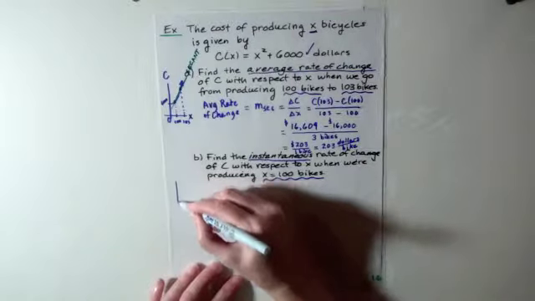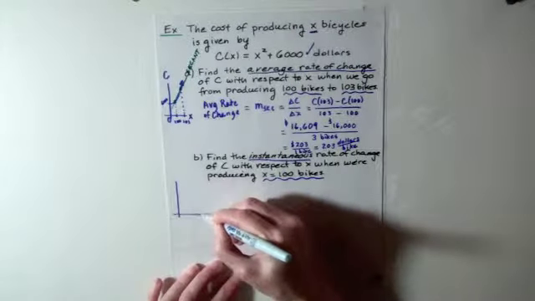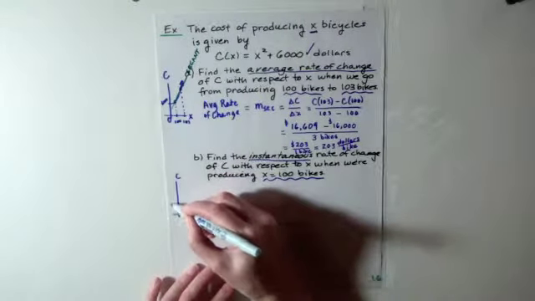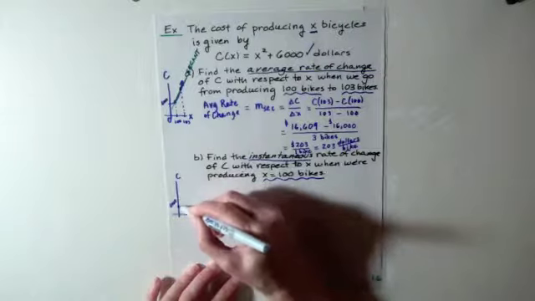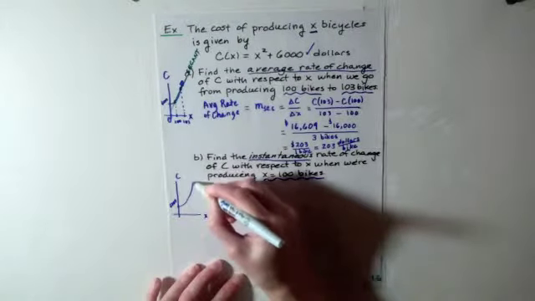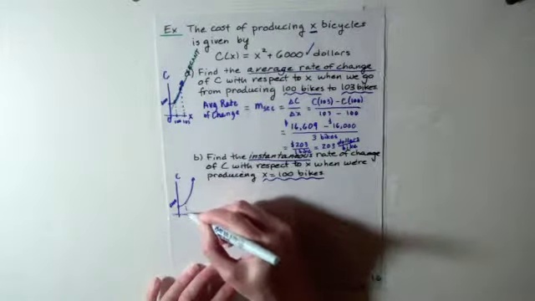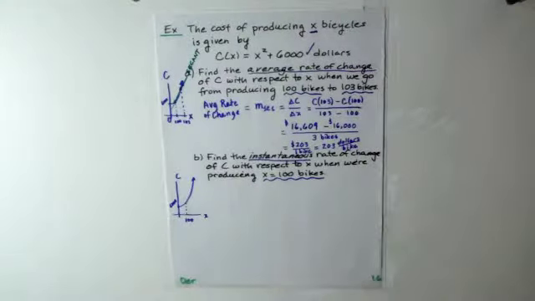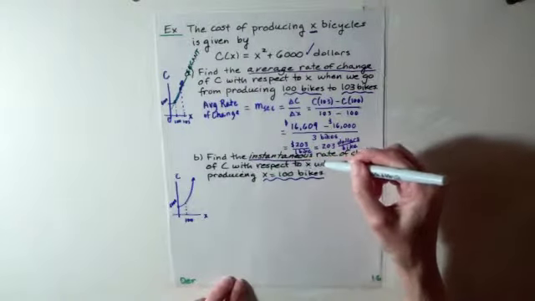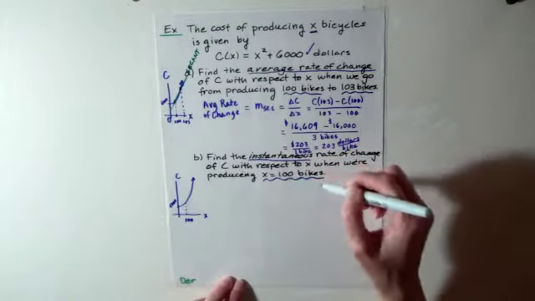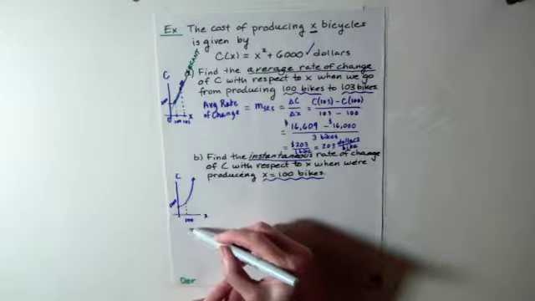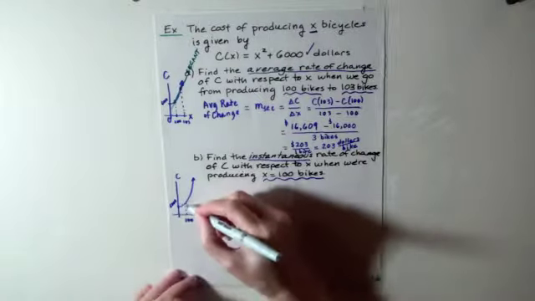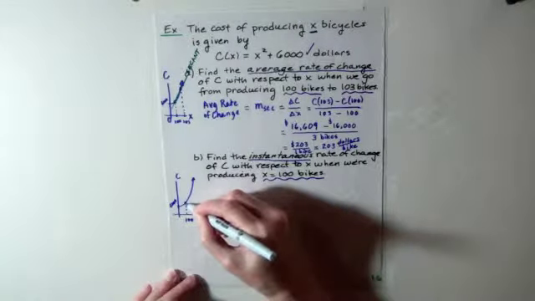Again, if you think about this graph of x versus C, it's the same graph that we talked about before. Here's the y-intercept of 6,000, and I have a parabola that opens upwards from there. And here's my x value of 100 bikes. What am I asking for? If I'm asking for the instantaneous rate that C is changing with respect to x at x equals 100, it means I'm not looking for the secant line, but rather I'm looking for the tangent line slope.